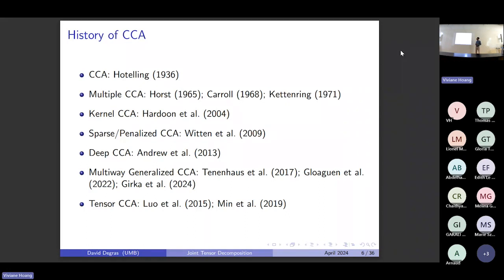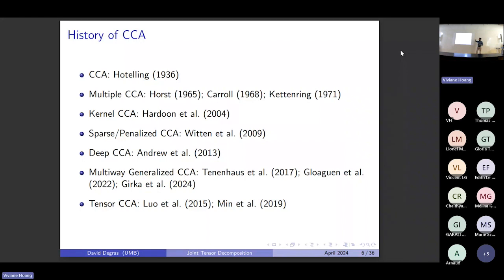And then you might be working with high-dimensional data, in which case you want to regularize the CCA, maybe with some sparsity assumptions and penalties. You can also crank up the CCA with deep learning tools.